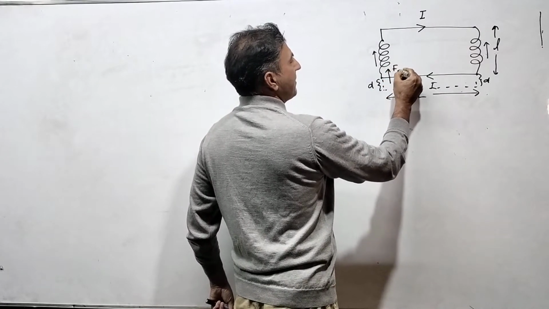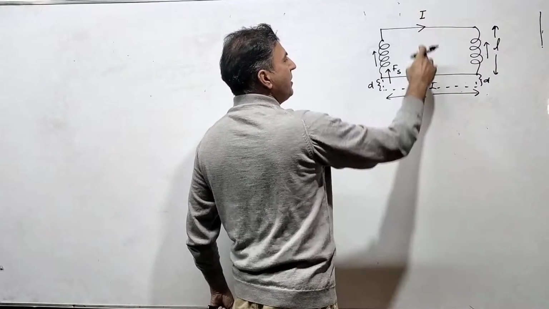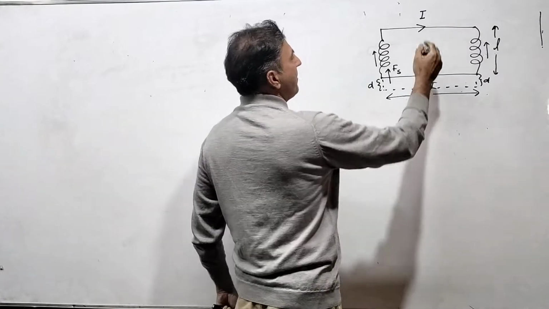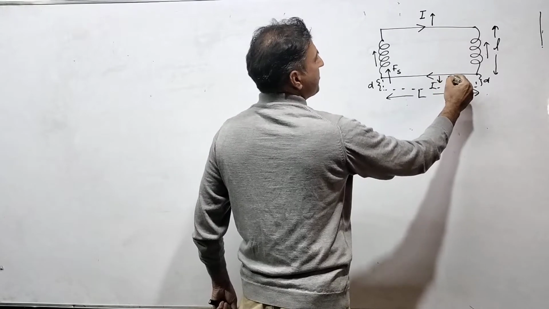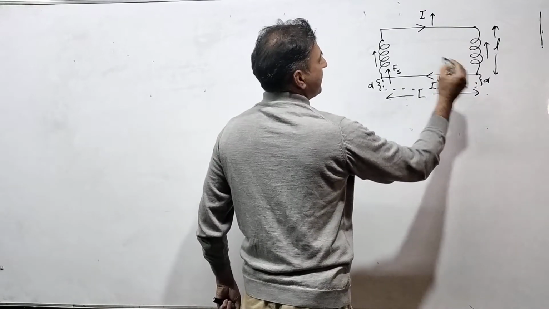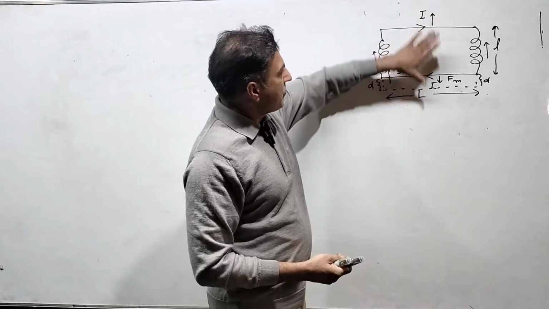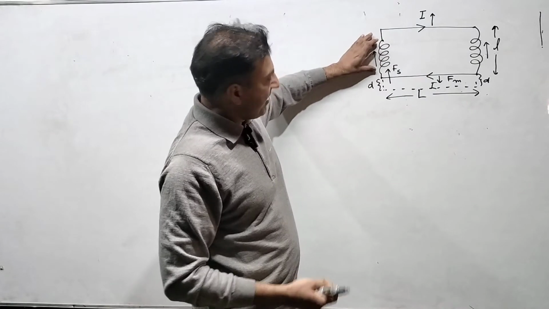There's F spring, and the force between these two is repulsive. That is F magnetic. The two conductors will create a repulsive force on each other, and they will repel away each other, and this spring will stretch, and this will extend.